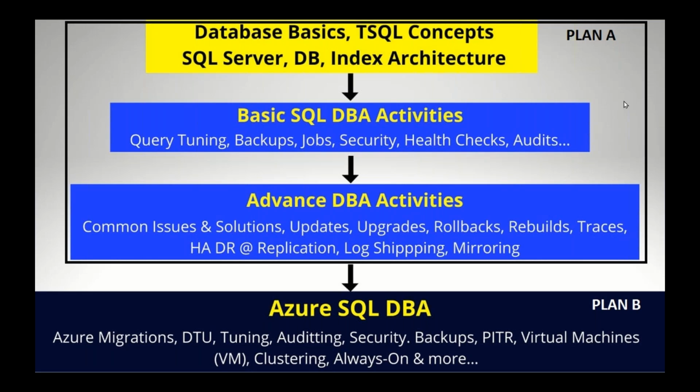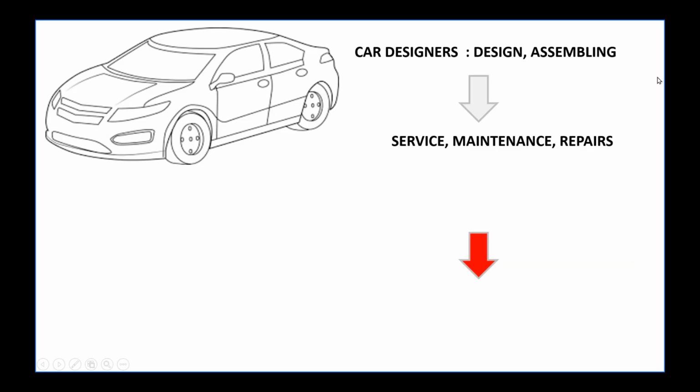Now, what exactly we do as a DBA? Let's make it in short and sweet, simple. Let's assume a car. A car has different spare parts. Our database also has different spare parts. You and me, we are DBAs, we need to manage. Car designers at the design plant will take care of the designing, assembling, etc., and then testing.